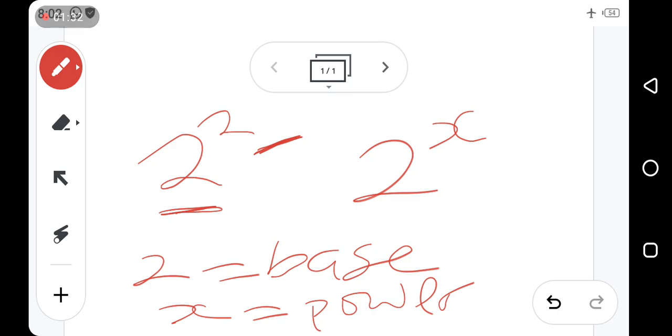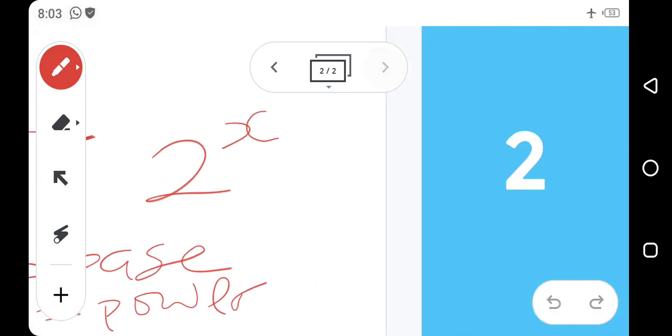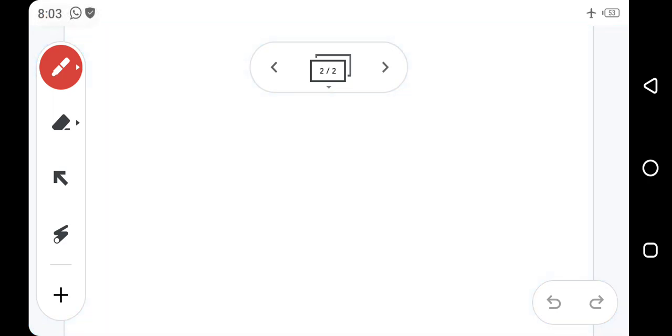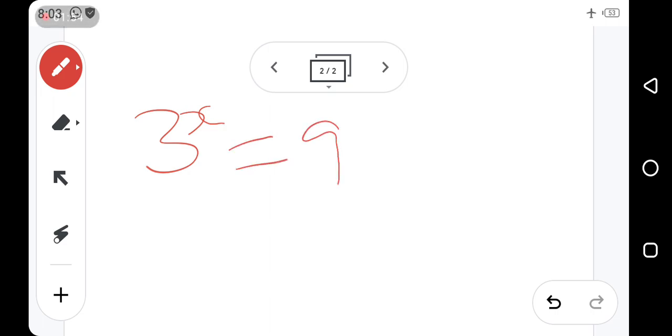So an exponential function is a function where the power is an unknown, meaning that if you have a function like this, let's say 3 raised to power of x equal to 9, the unknown is the x.